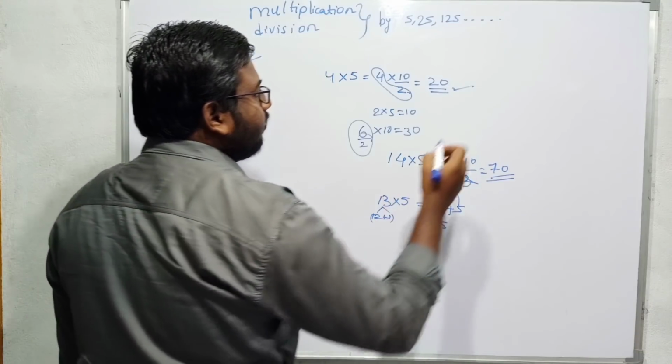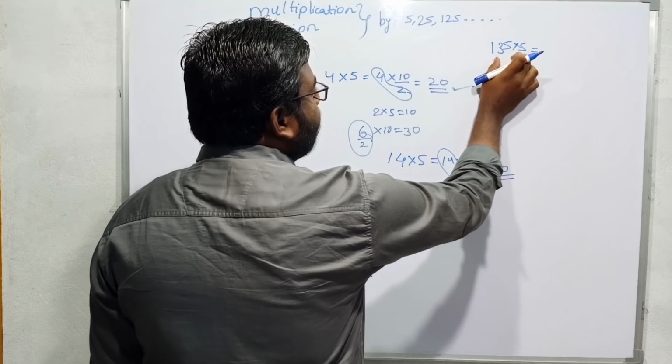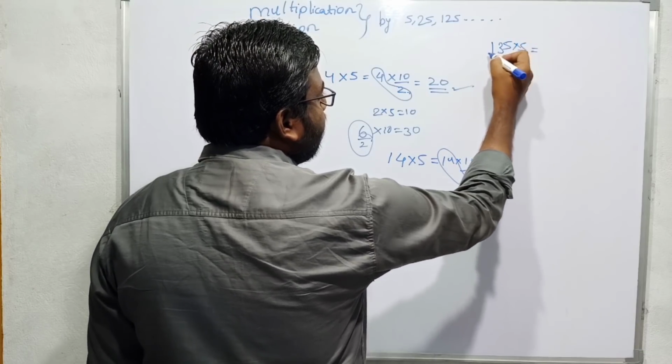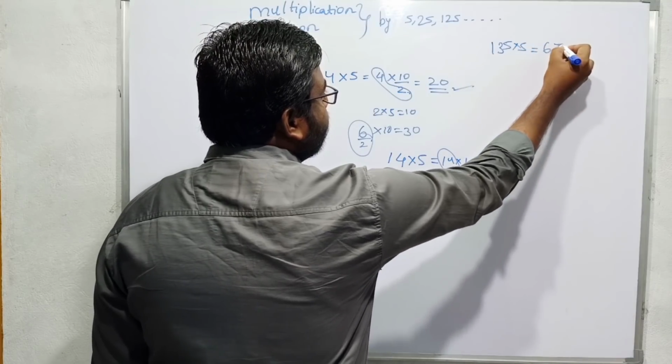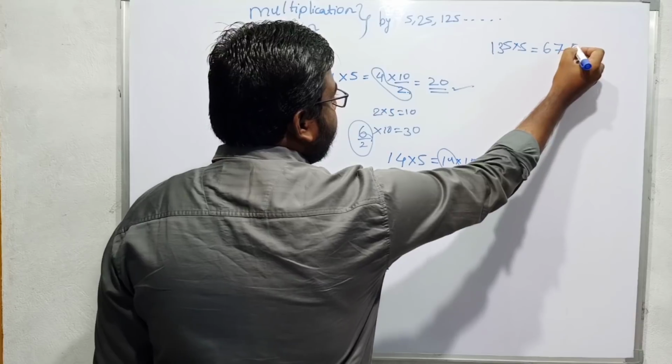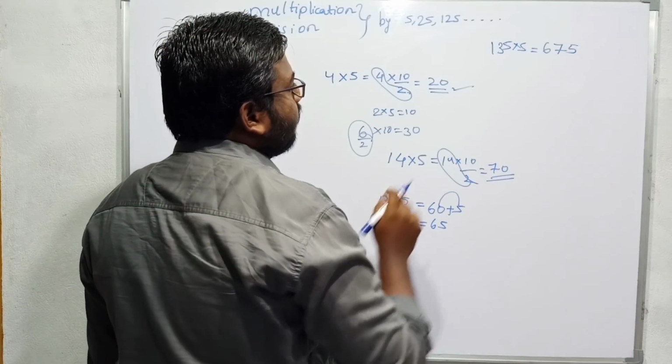So I will calculate 135 into 5. What I will do is take the half of this. If I take the half of this, 2 6s are 12, 1 5, 2 7s are 14 and 1 is remaining, so 675.